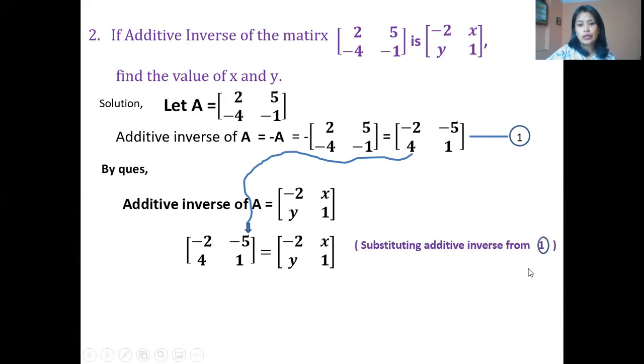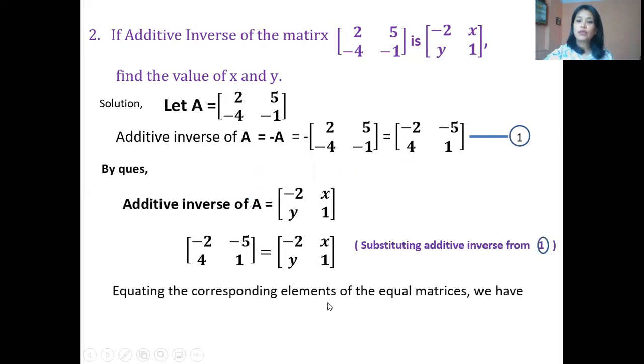Now equating this line, this much we have substituted from equation 1, line number 1. Now equating the corresponding elements of equal matrices, we have x is minus 5 and y is 4. In this way, we solve the numerical problems.